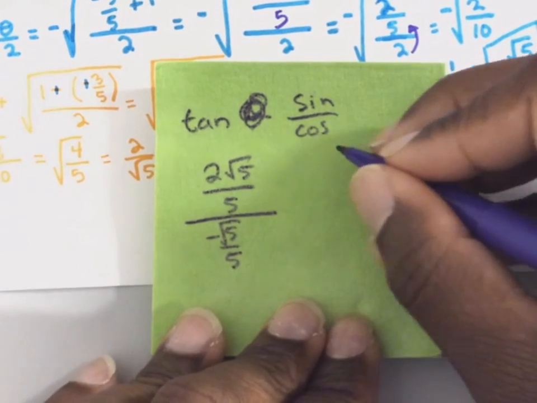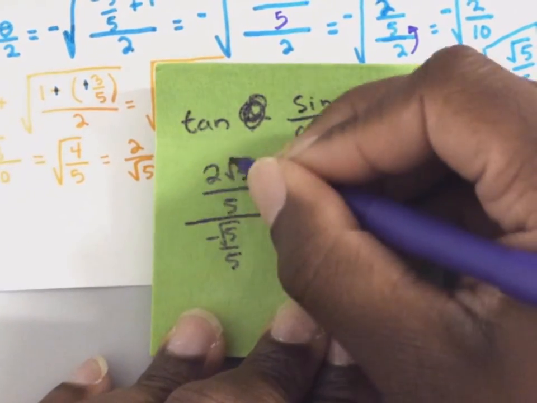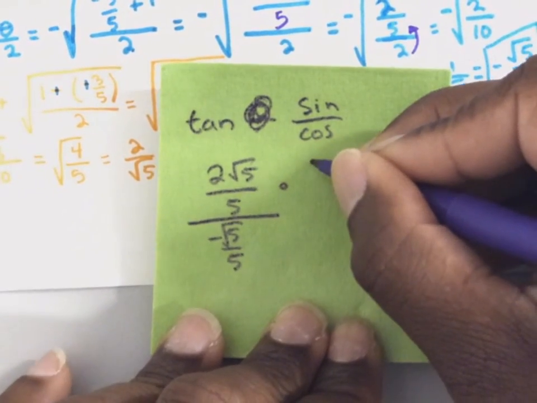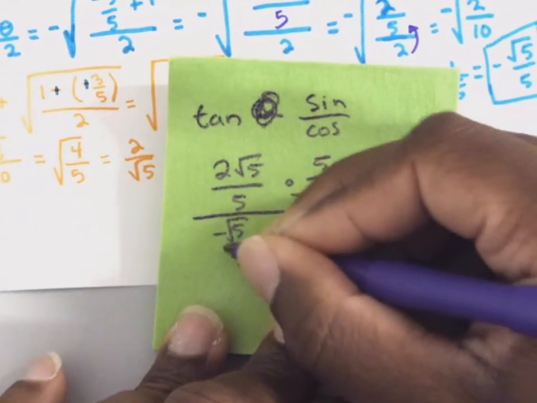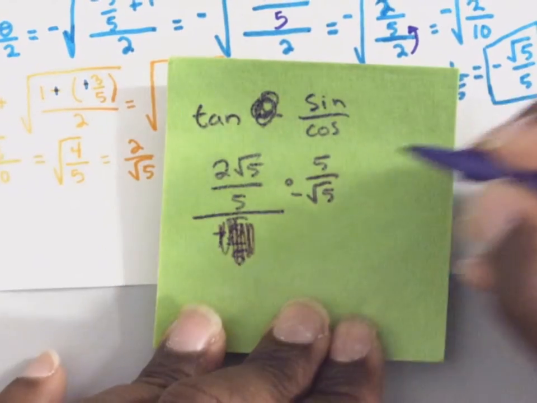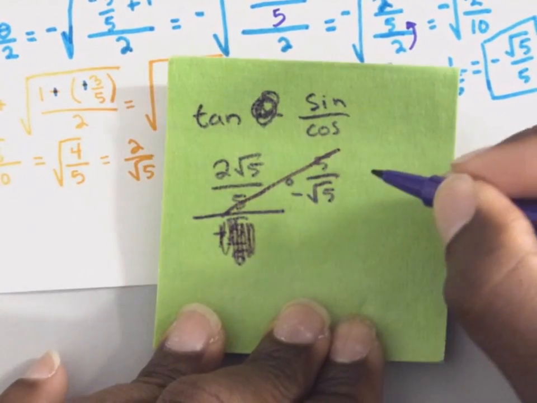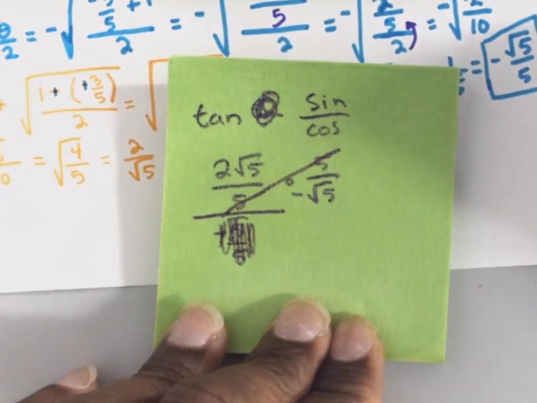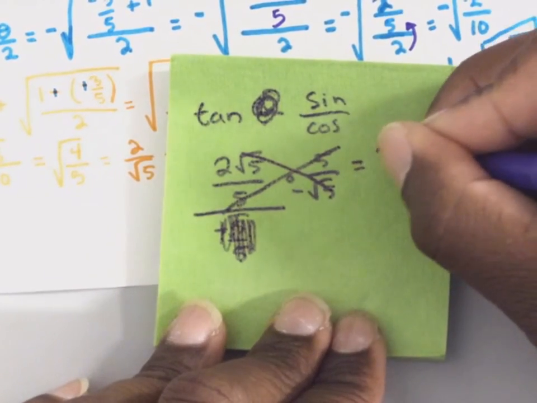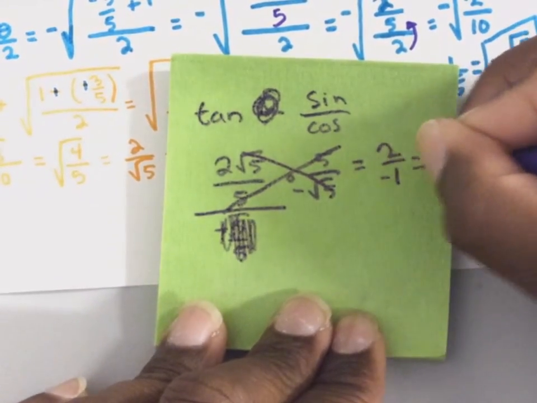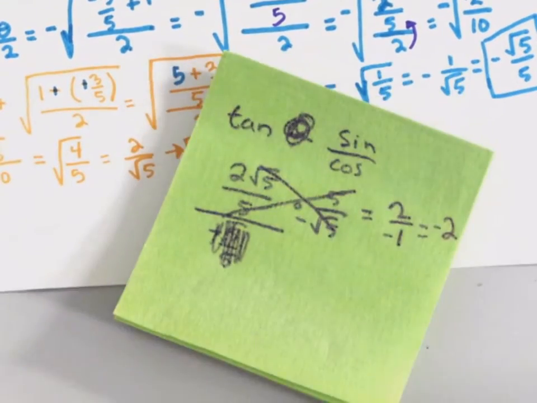It's going to be a lot of cancellations. So I would keep this, and multiply by 5 over negative root 5. And then the 5's cancel. What else cancels? The root 5's cancel. And I'm left with negative 2. That's my answer.